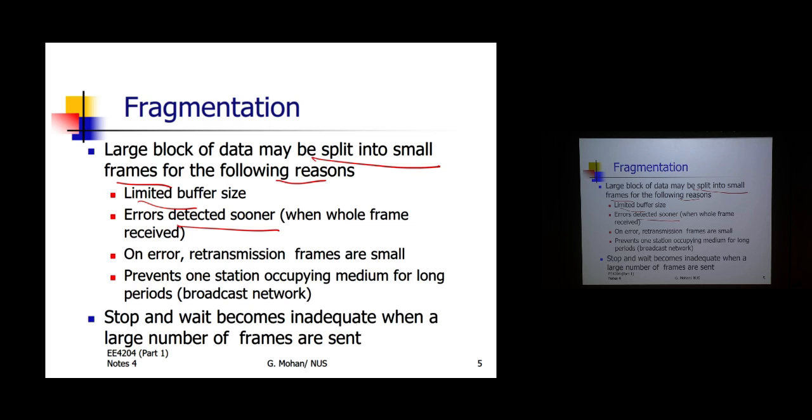Then another very important point is that on error, retransmission frames are smaller. Take a 1000 byte frame versus a 10,000 byte frame. Let's say one bit is corrupted.